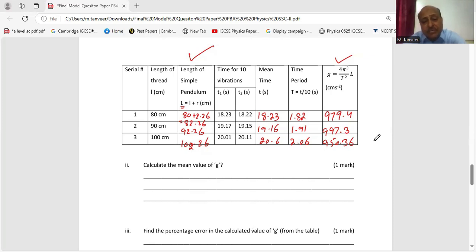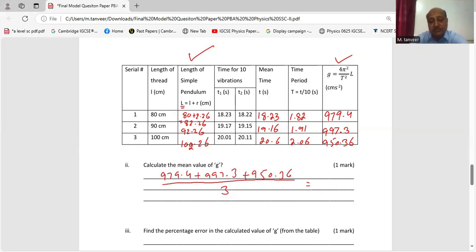Next is to calculate the mean value of g. How will you find the mean value of g? You will write 979.4 plus 997.3 plus 950.36, divided by 3. This is the mean value of g.